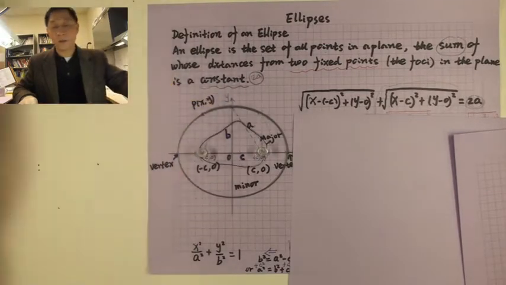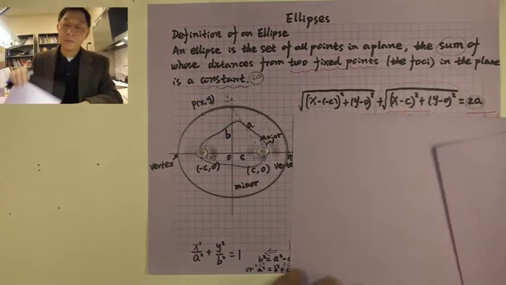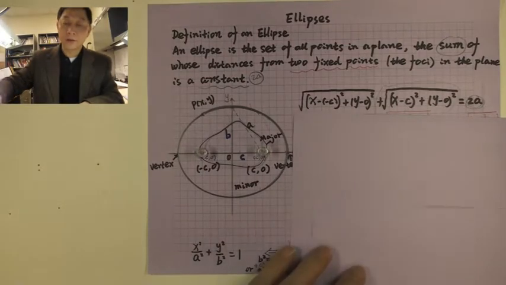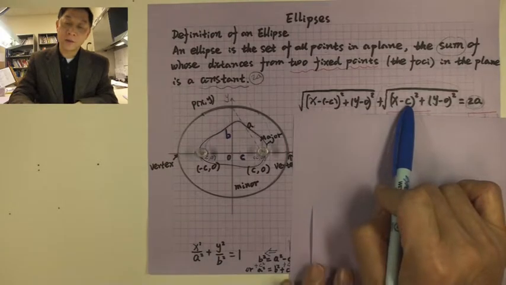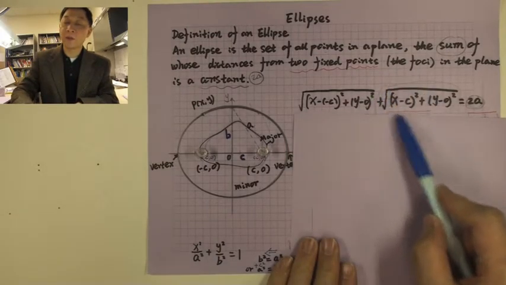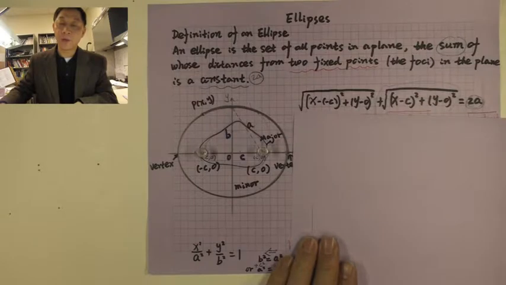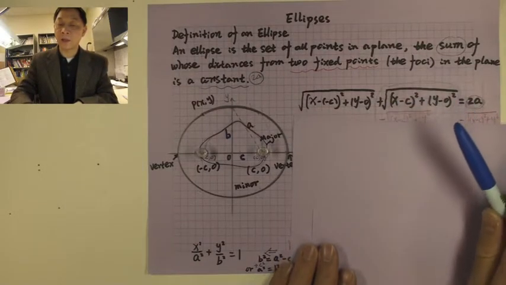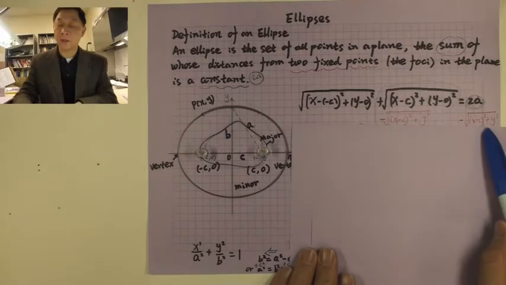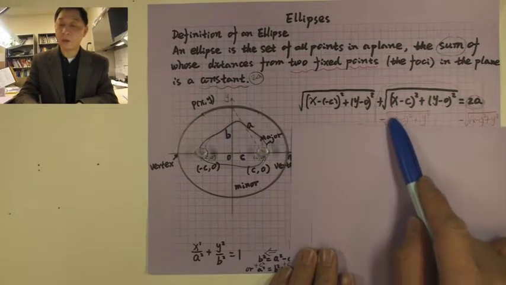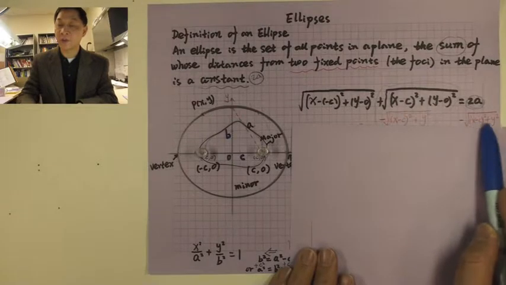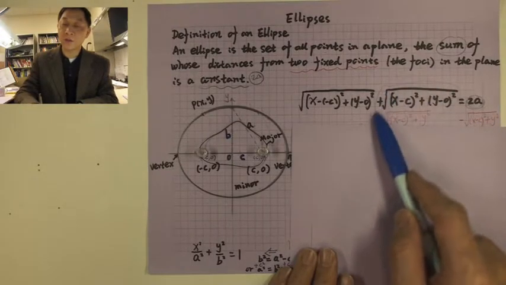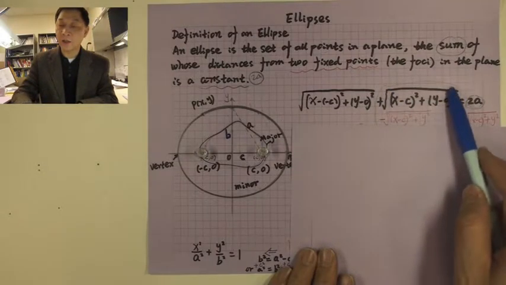Let's do this. Look, there are 2 square roots. Not easy for us to handle. So we move this one to the right. The way we do that is both sides subtract this quantity, minus square root of x minus c squared plus y squared, on both sides. So these two disappear. They cancel each other.